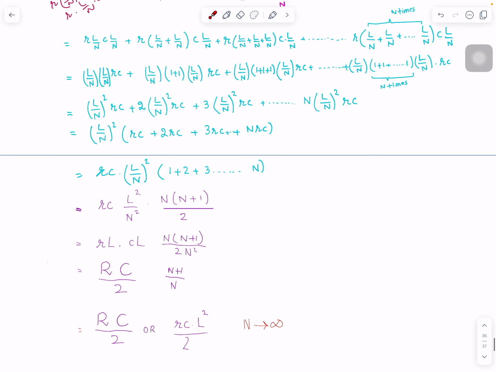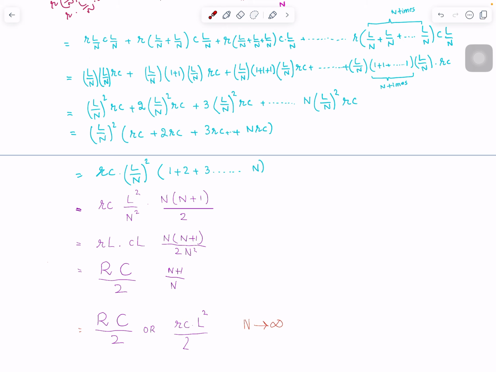Let's say it's 100. 100 plus 1, 101. You can assume that this becomes like N. As you add 1 to a very large number, well, pretty close. And there's N, so basically this will cancel each other. It becomes 1 over 1. So you're left with RC over 2.